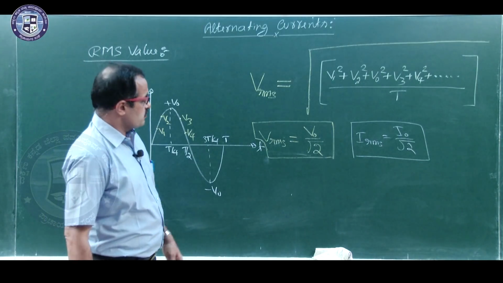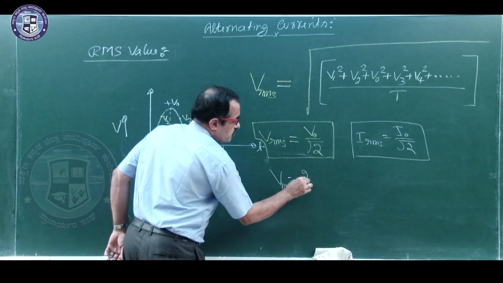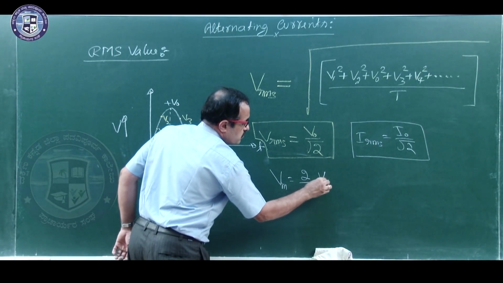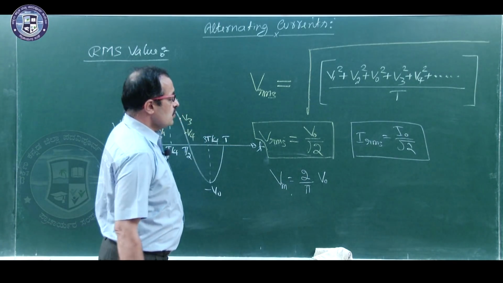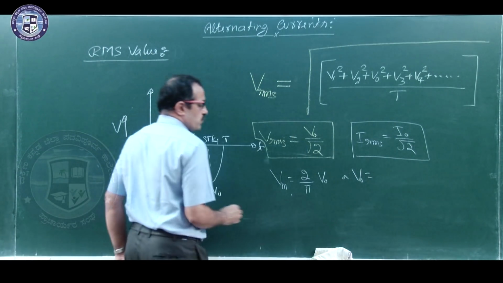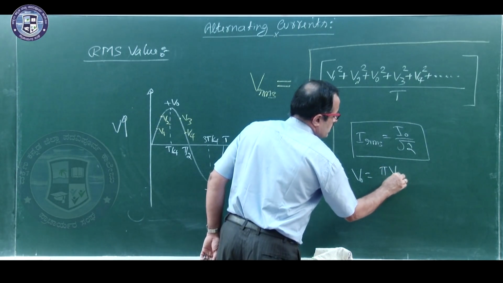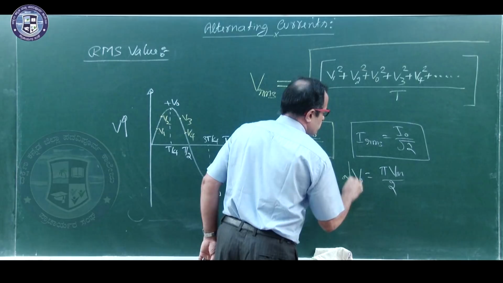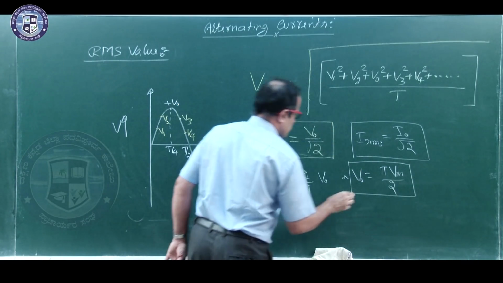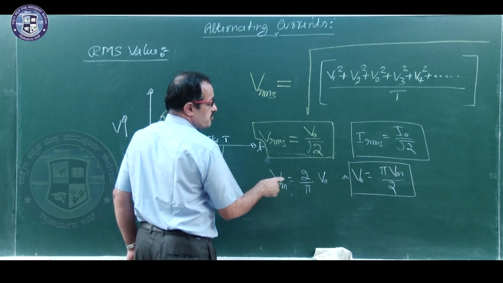Very simple. It is 2 by pi into V0, or V0 is equal to, simplifying this, pi into Vm by 2.